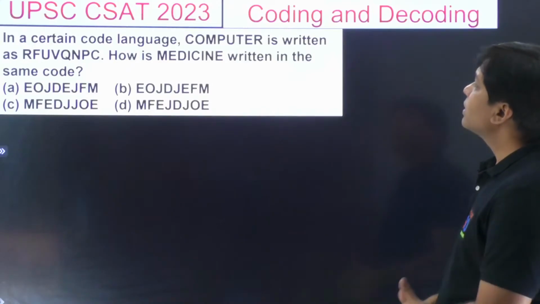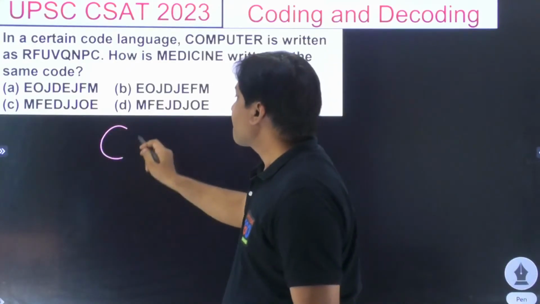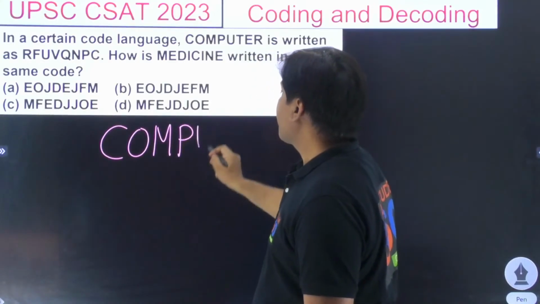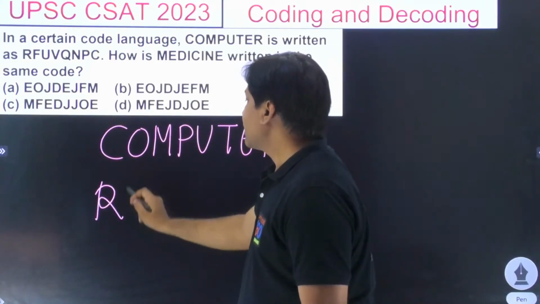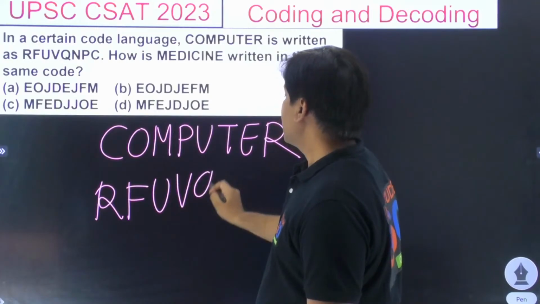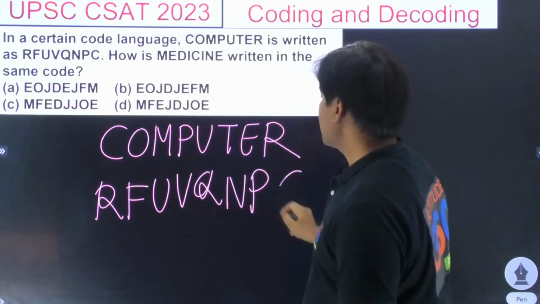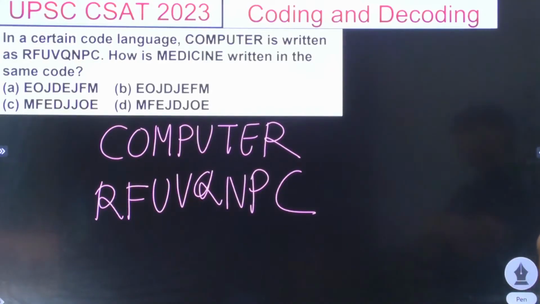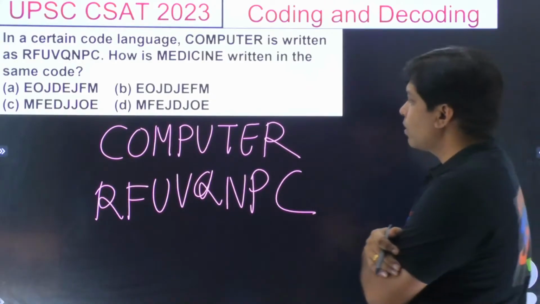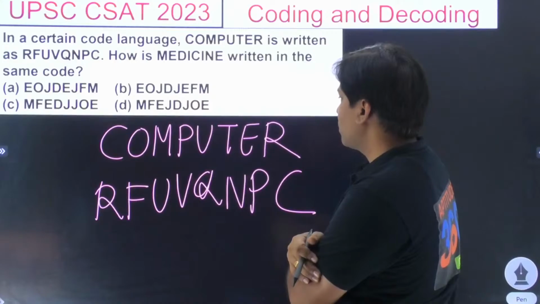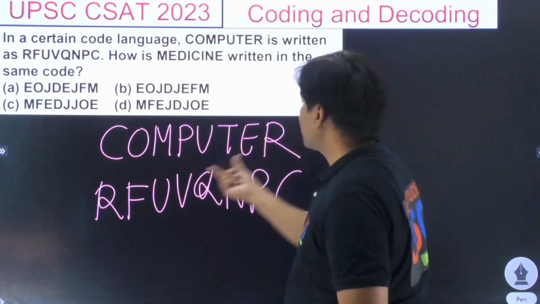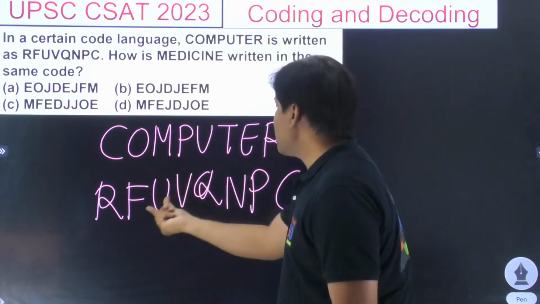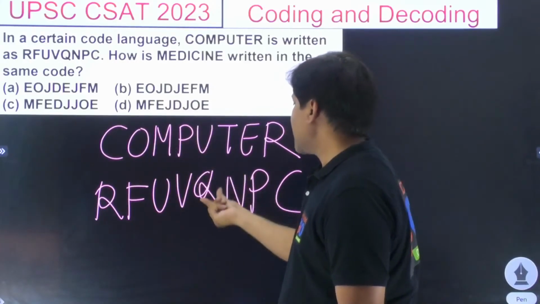Try to solve this one. So computer is written as R F U V Q N. देखो R को R लिख दिया, E F, T U, V, P Q, something like this.